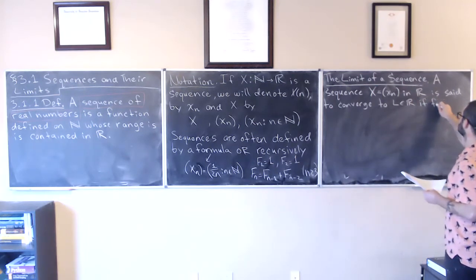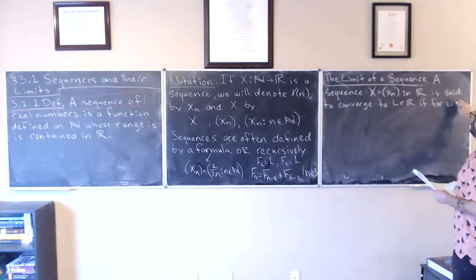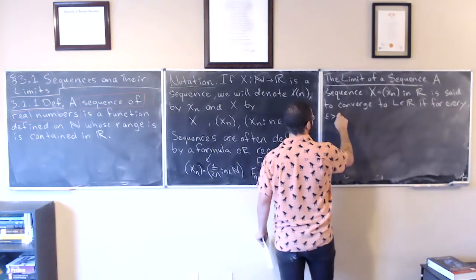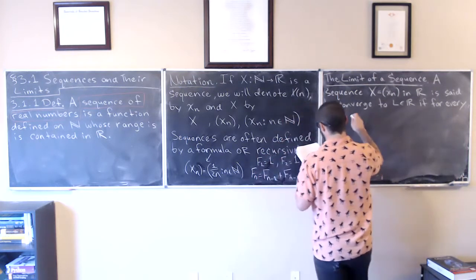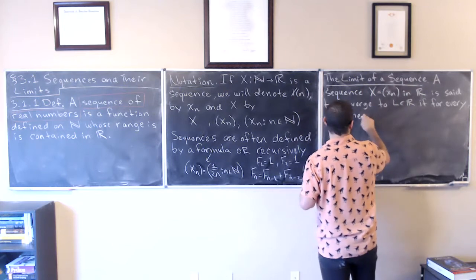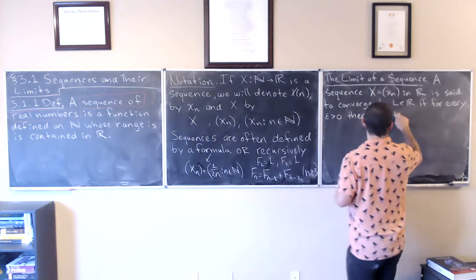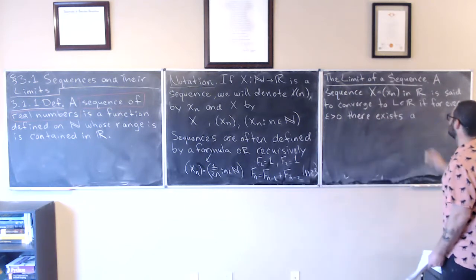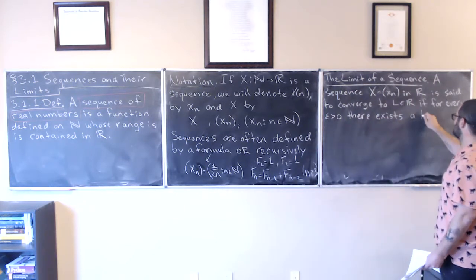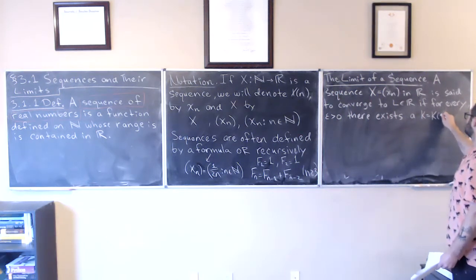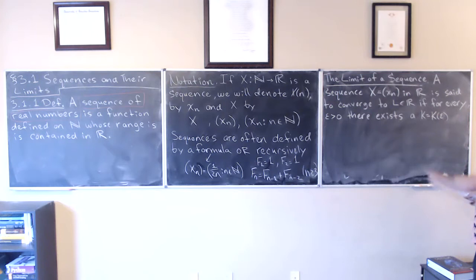if for every epsilon greater than 0, there exists a natural number k, where k is dependent on epsilon. That's why we adopt this notation here.